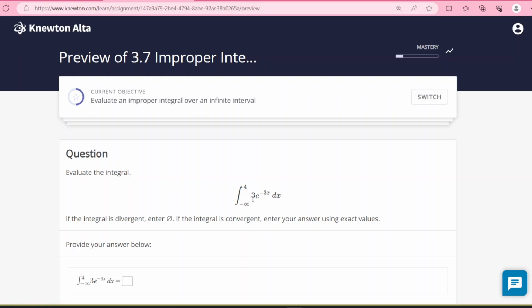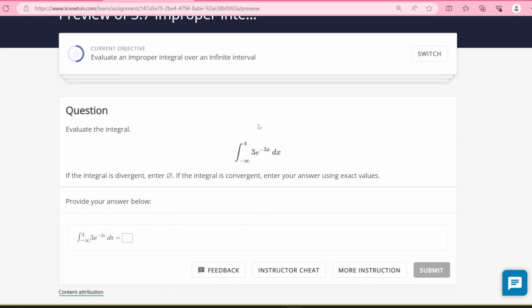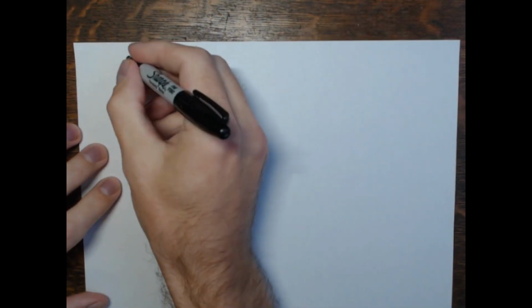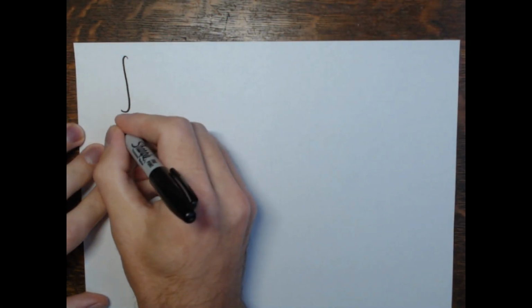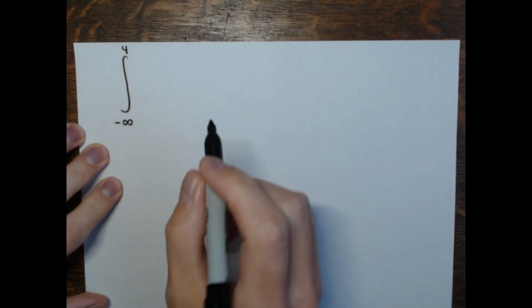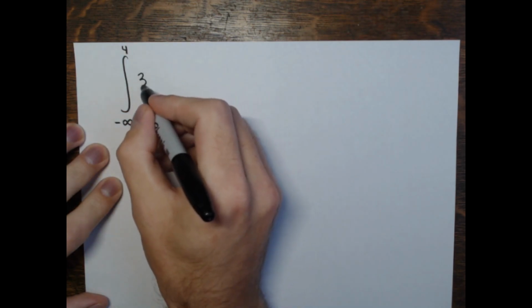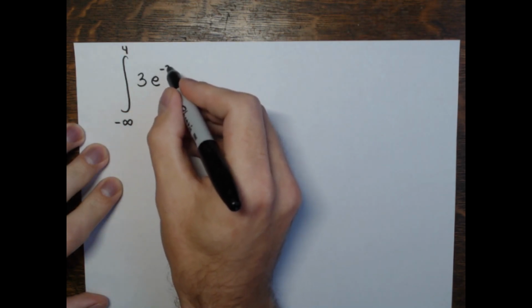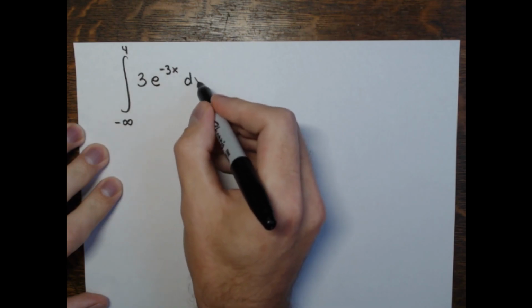But I'll keep reminding you of that, as so far we're not seeing that. I wish we were. Well, here we go again. I'll write this as a nice limit and see if it actually converges to some value. And again, if the limit's not finite, we'll say it's divergent. All right, so here again we have an integral where the lower limit is negative infinity to 4 of 3 times e to the negative 3x dx.